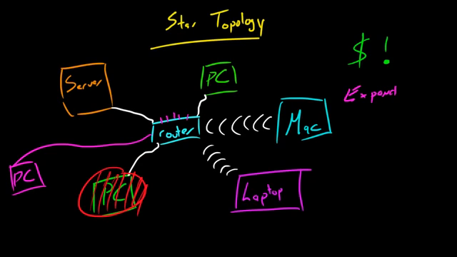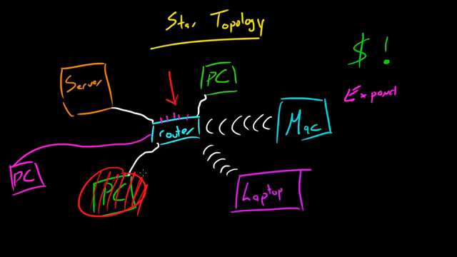Now, saying that brings me to my next point, which is the downside of this, because I just talked about the benefits, but there actually is a downside. If you look, since everything is connected to this one central device, your entire network is dependent on this router right here.